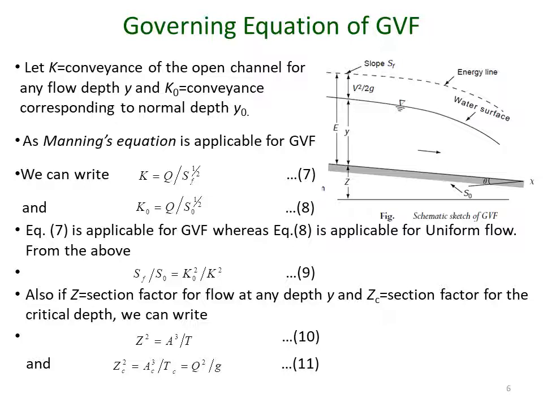Also, if Z is the section factor for flow at any depth y, and Zc, Z with the subscript c, is the section factor for the flow at critical depth, then by definition we can write Z squared equals A cubed by T, which is given by equation number 10, and Zc squared equals Ac cubed by Tc equals Q squared by g.